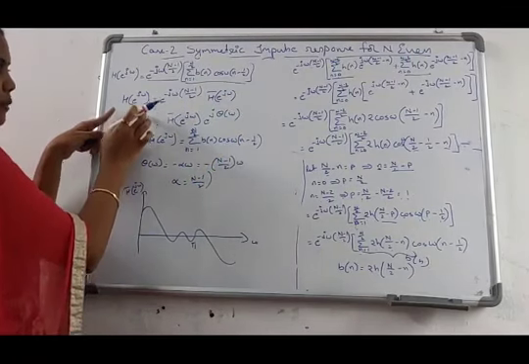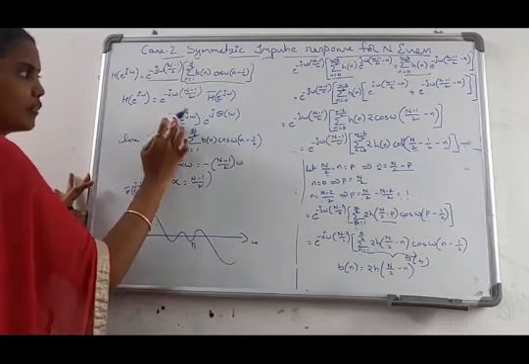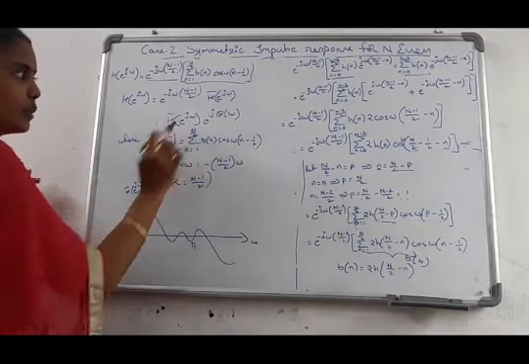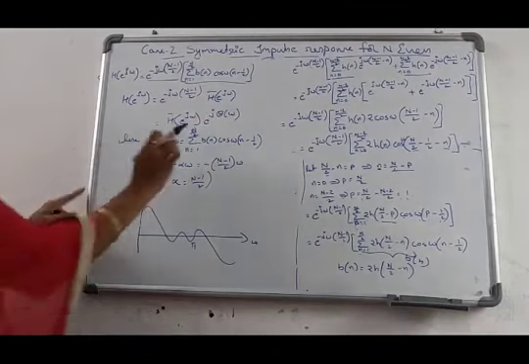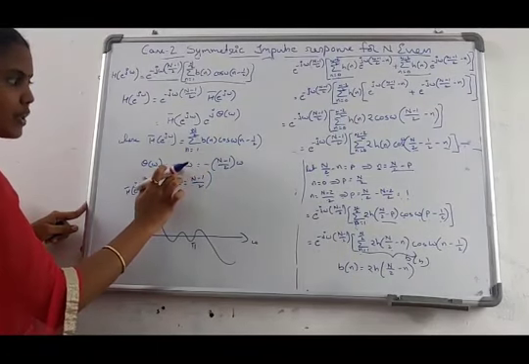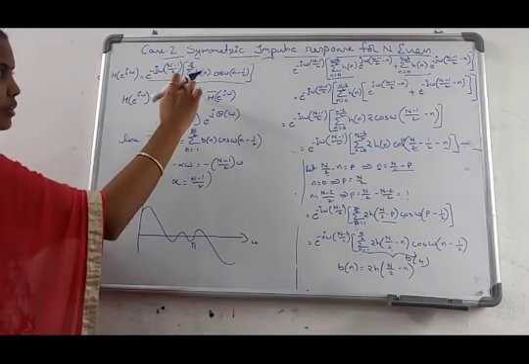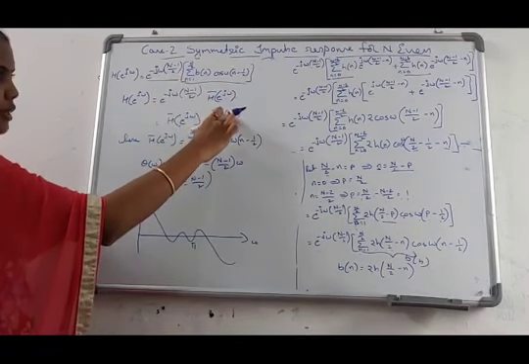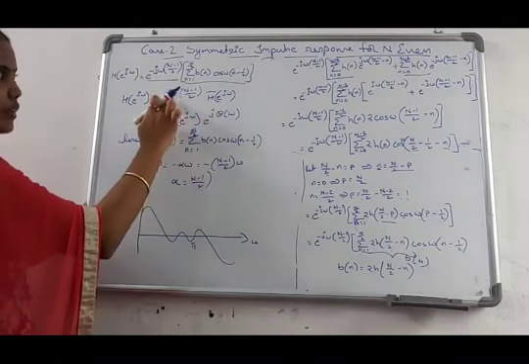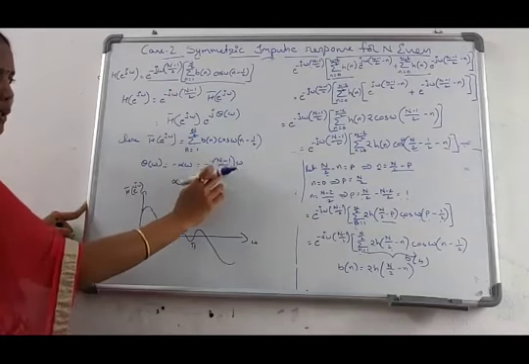Now the complete h of e power j omega is what? The magnitude response and phase response: h bar of e power j omega into e power j theta of omega. Here theta of omega is nothing but minus alpha of omega. If you remove omega, what is the alpha value? (n minus 1)/2 into omega.